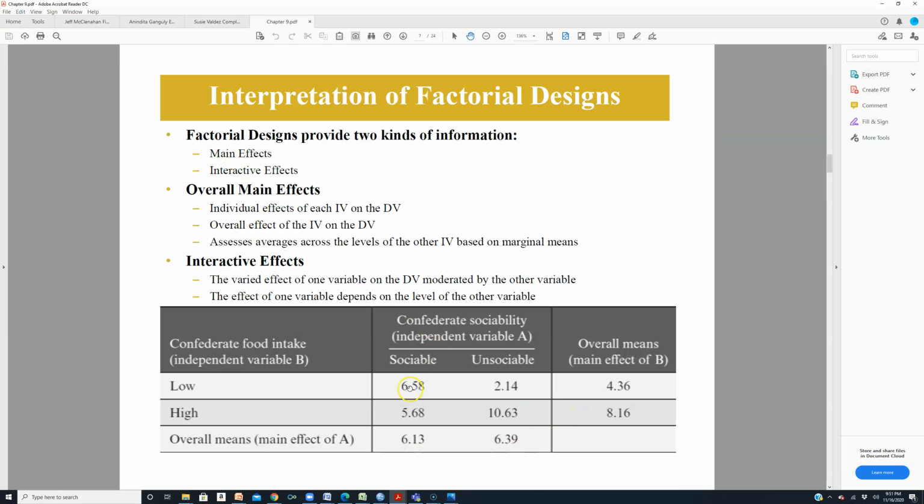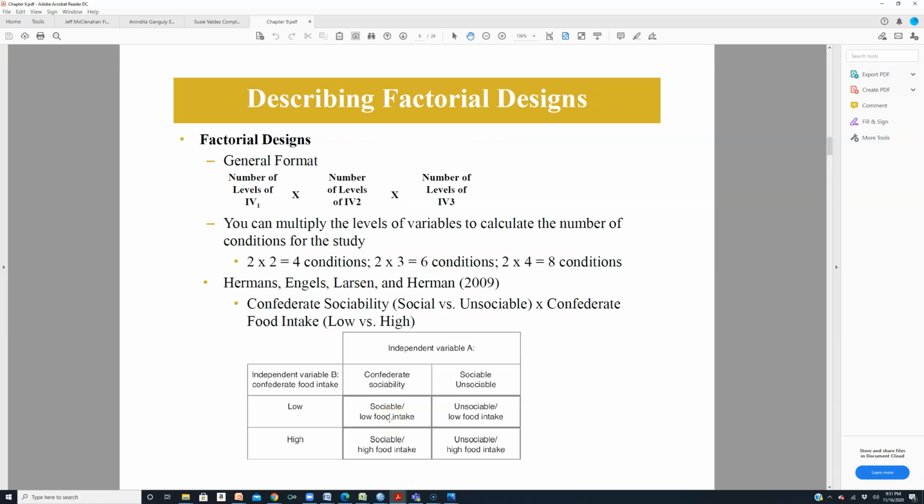Here it is represented another way. This now allows me to look at the mean effect. I'm counting the number of M&Ms the participant eats, so I'm going to have an average number. If I have 20 participants exposed to a sociable confederate and a low food intake, I'm going to count their number of M&Ms, and that gives me an average: how many M&Ms did they eat on average?